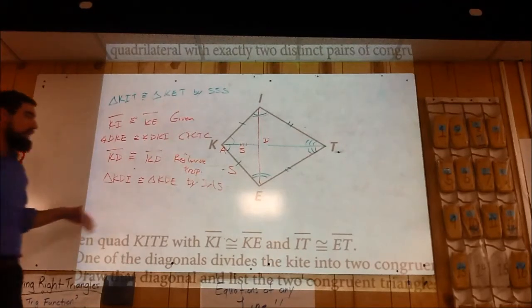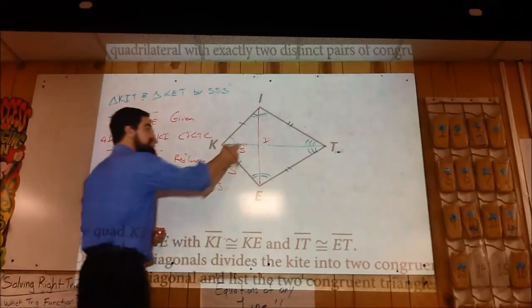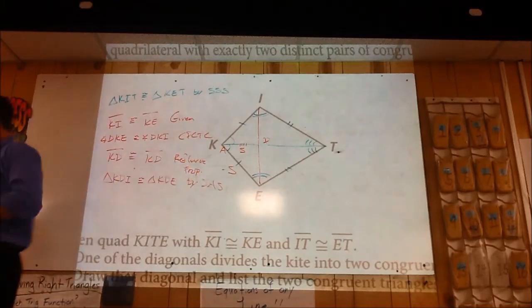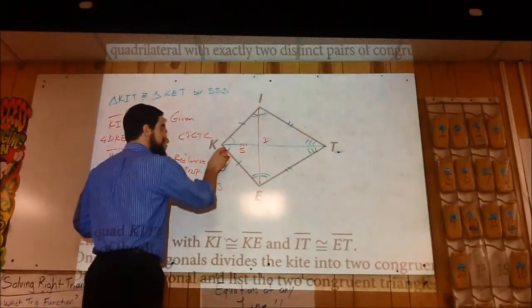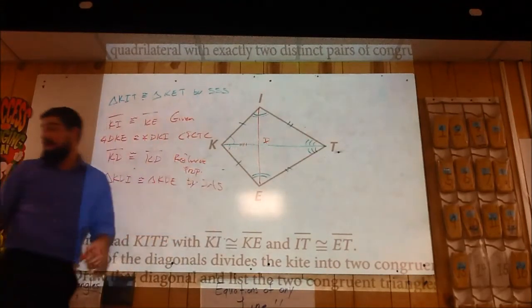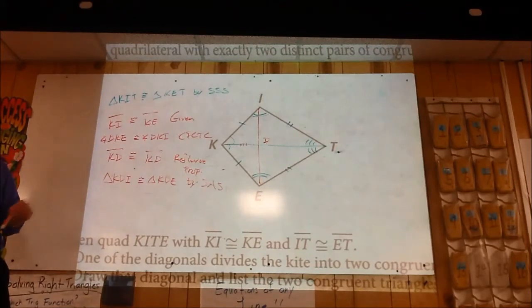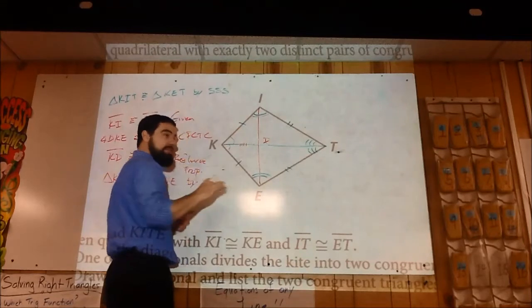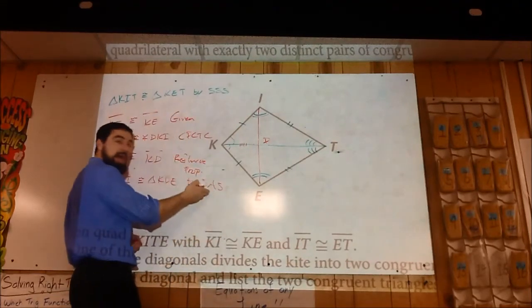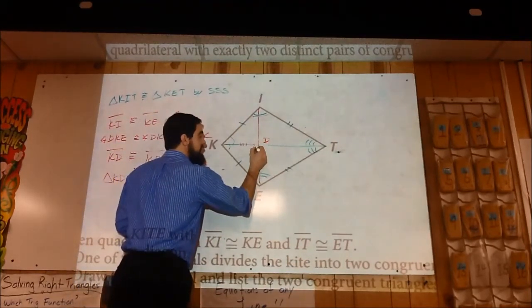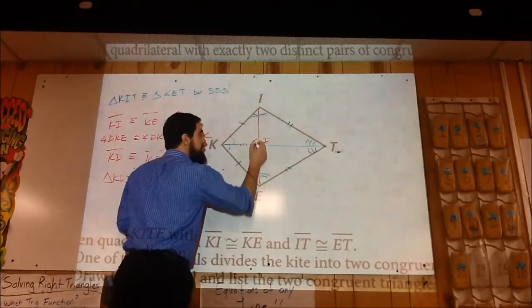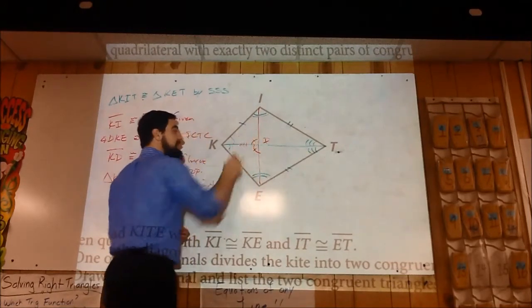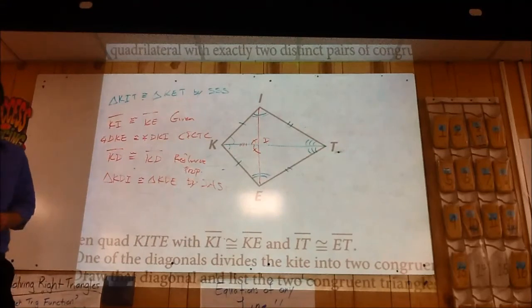Okay. Now that I've proven that these two triangles are congruent using side, angle, side, I'm now going to use CPCTC again, but for these new congruent triangles. I'm going to say, well, since these are the exact same size and shape by side, angle, side, that means that this corresponding angle and this angle that's corresponding to that angle, they have to be congruent.